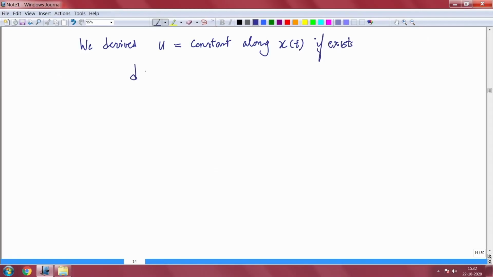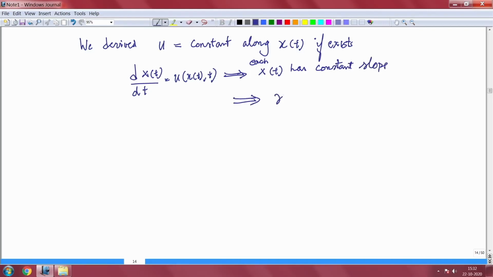It has dx/dt equal to u itself. That means the curve has constant slope. Each x(t) has constant slope. What do you mean by a curve with constant slope? That curve is a straight line. So this is an additional information: x(t) is a straight line.